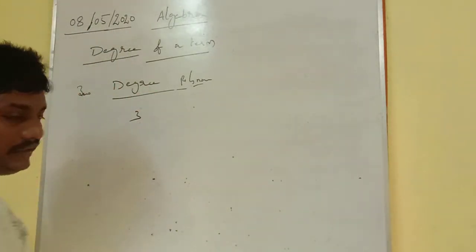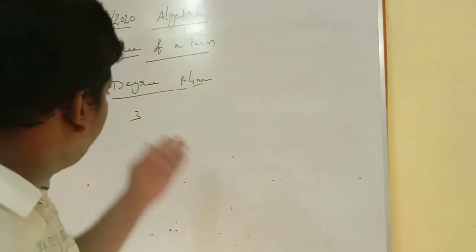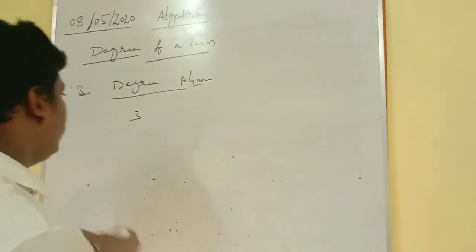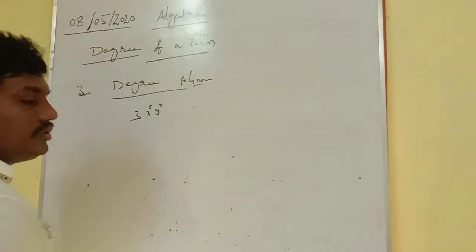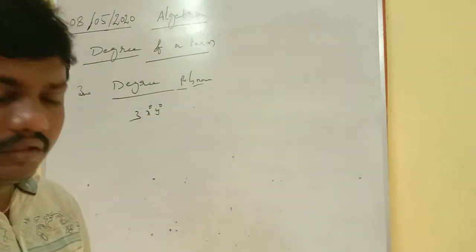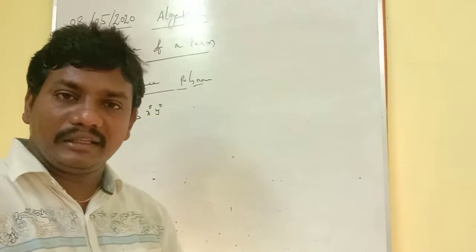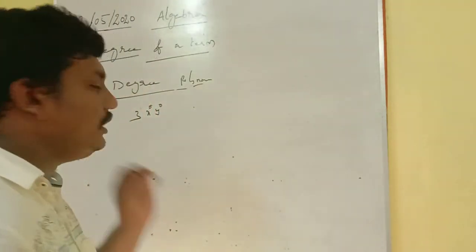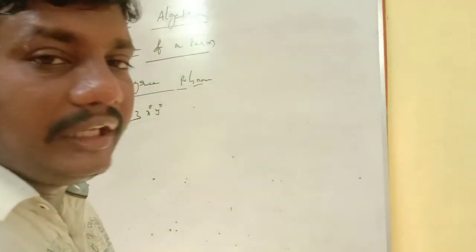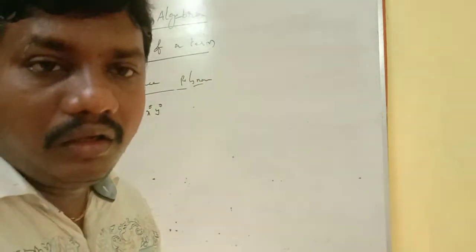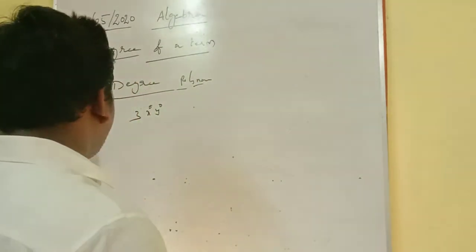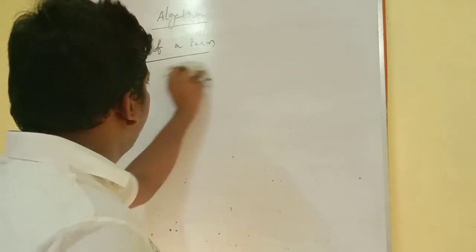Suppose 3 is a 0 degree polynomial because there is no variable. If you take a variable, its power should be 0. If you take y, that power also should be 0. 0 plus 0 is 0. That means a constant value has degree 0. So a degree 0 polynomial is nothing but a constant polynomial.